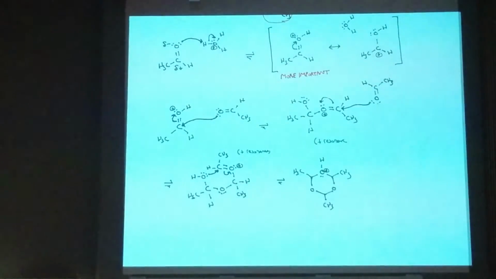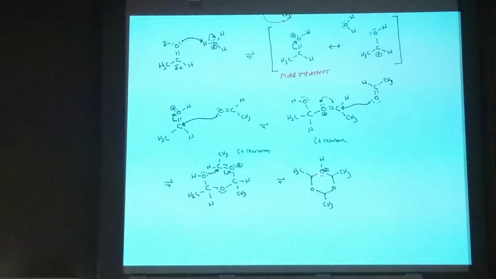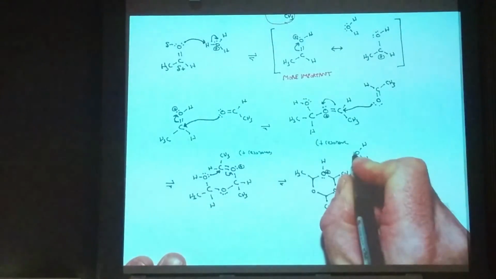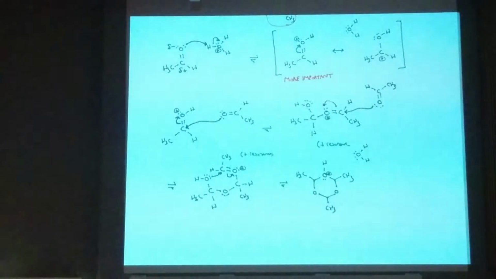When this six-membered ring snaps closed, there's still a hydrogen on that oxygen, so that oxygen has a positive formal charge. This is not a resonance hydrogen. There's no pi bonds. What do we got to do to get the final product? We got to lose that proton, and that's going to probably happen by having water come in and grab it off.